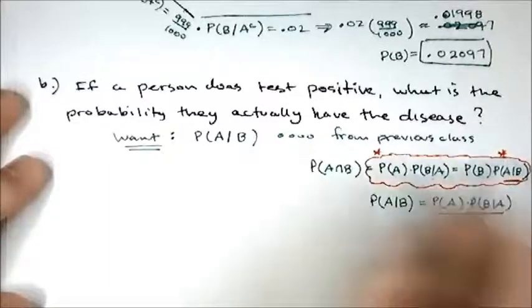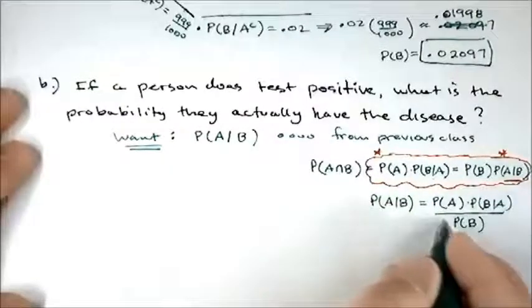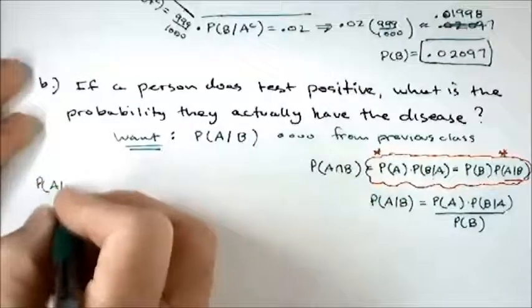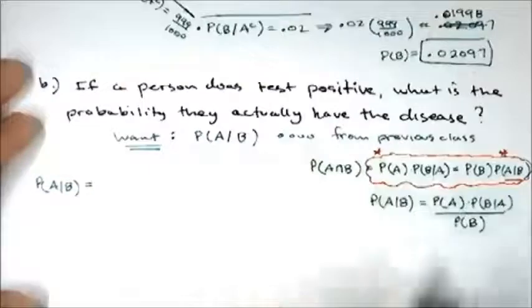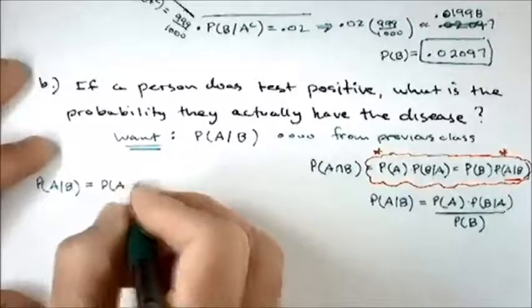So that's why it's better to just know this right here. So this is our formula. This is how we're going to answer the problem. So the probability of A given B is the probability of A times the probability of B given A, sorry.